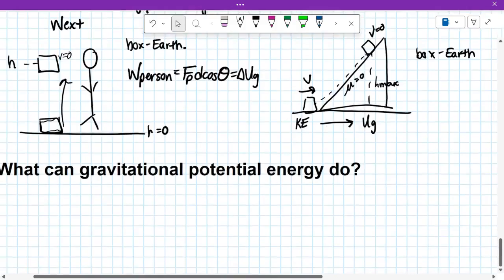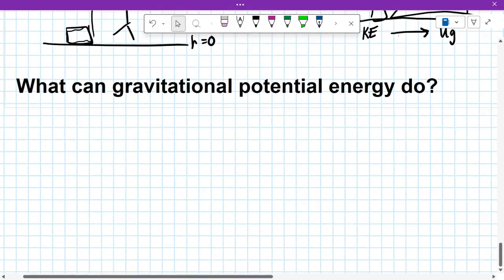So, why do we care about potential energies in general, or specifically gravitational potential energy? Well, we like to be able to store energy because we like to be able to do stuff with it. That's why batteries are really great, because we can store energy and then do stuff with it. So a lot of times we talk about gravitational potential energy as a way to speed objects up or maybe slow objects down.